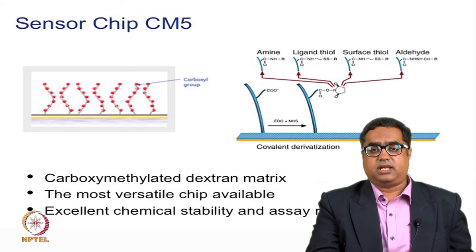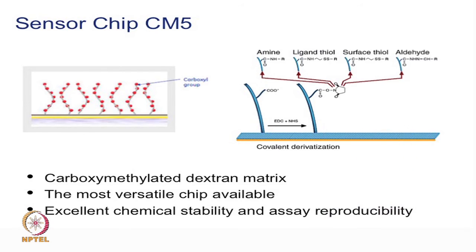The glue attaches the dextran to the gold, and on the surface of the dextran you see those small areas which are called carboxymethyl groups, which are getting activated, and the activation of the carboxymethyl groups helps us to immobilize our ligand by amine coupling, thiol coupling or aldehyde coupling.